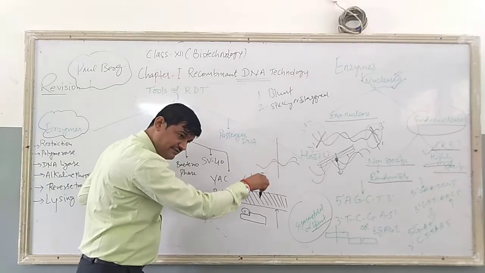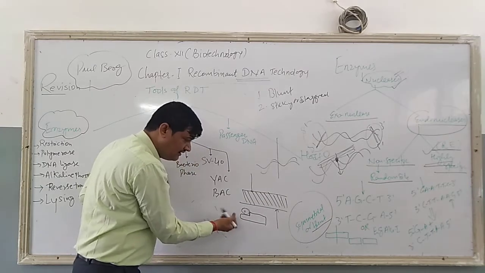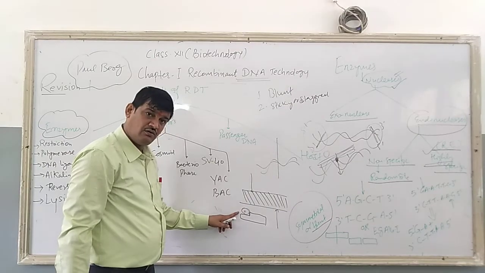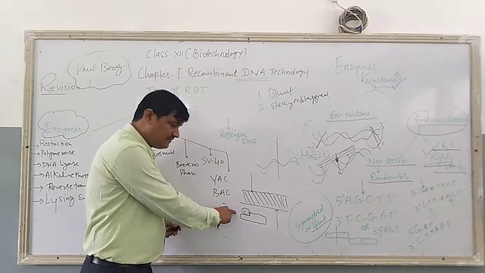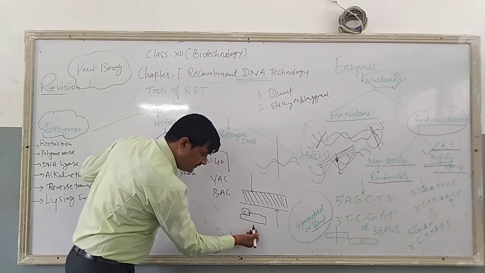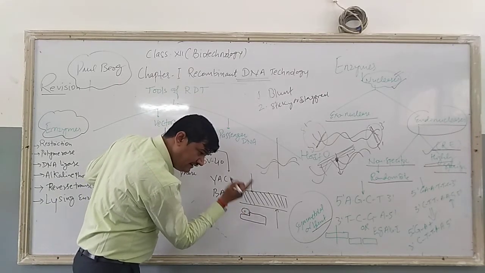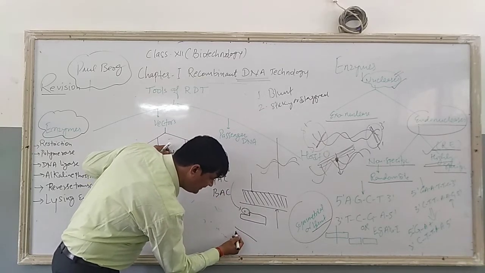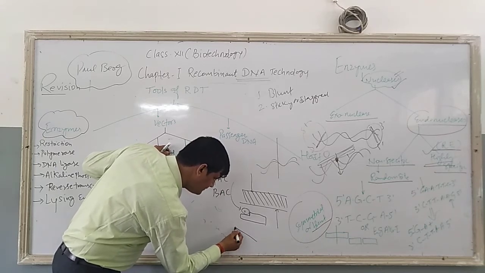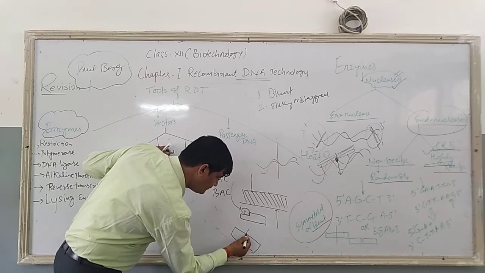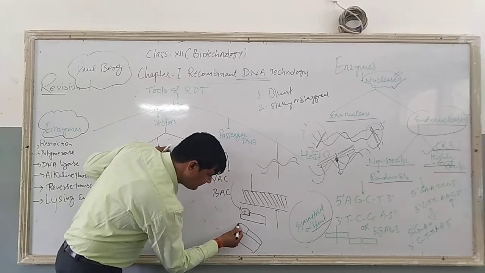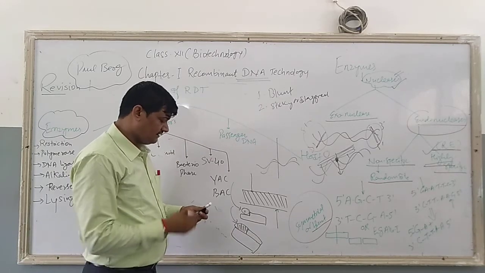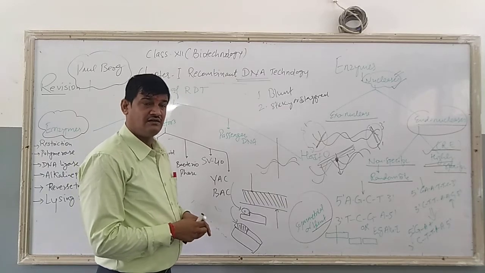It is not symmetrical where the whole DNA is cut out. Here, one portion of the DNA strand will be overhanging, recessed or unpaired, because in this type of cut, the complementary DNA can be attached. So this type of cut is known as a staggered or sticky cut.